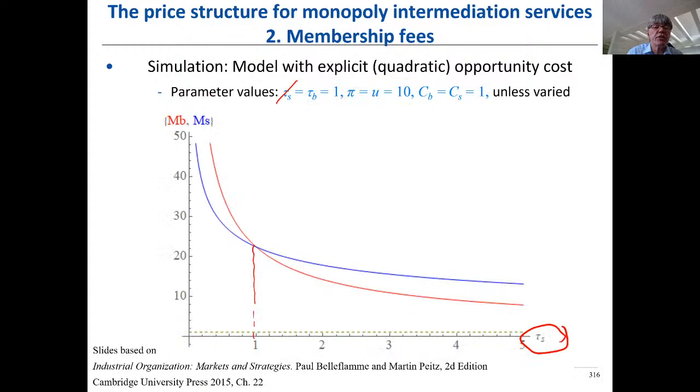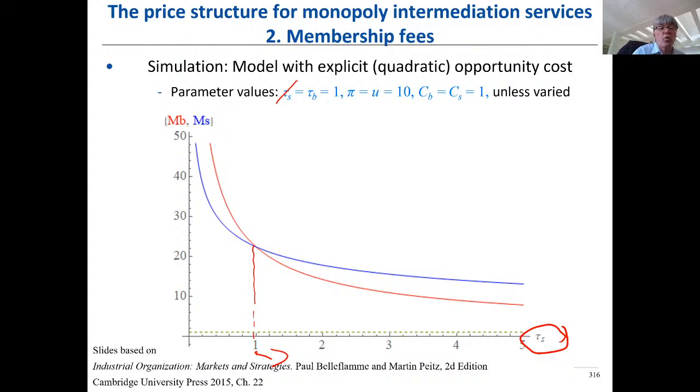So if tau_S increases, what does it mean? Given the number of buyers, in particular as this relates to the sellers, now you will have fewer sellers on the platform. So what you are doing is you decrease the membership fee in order to make it easier.